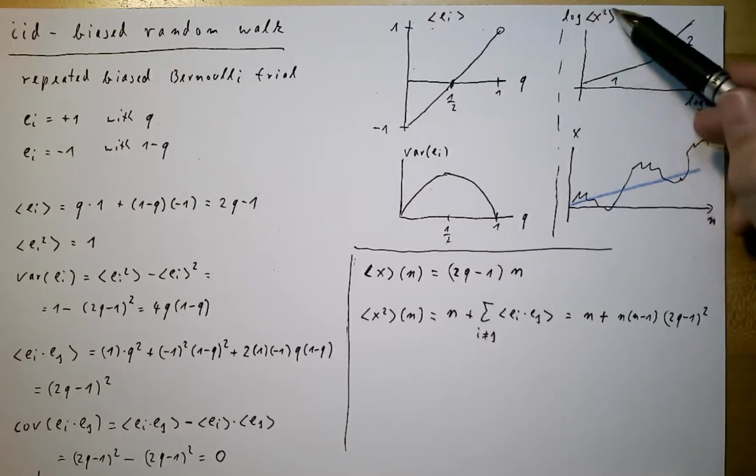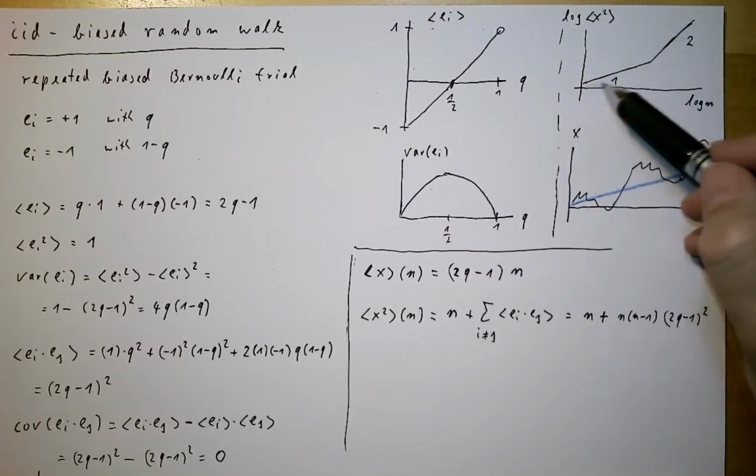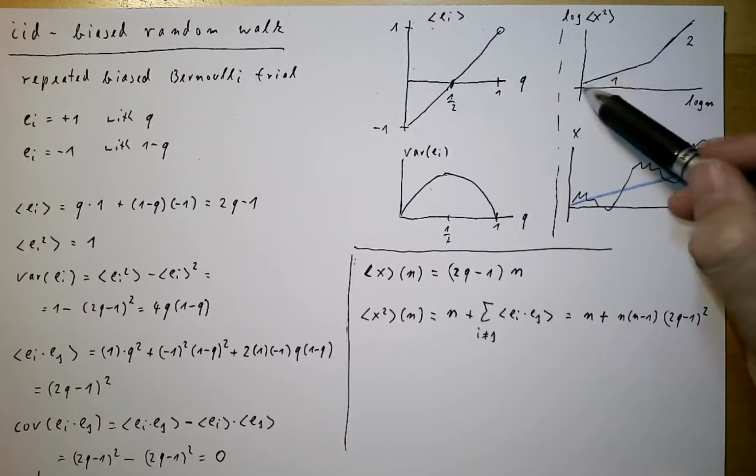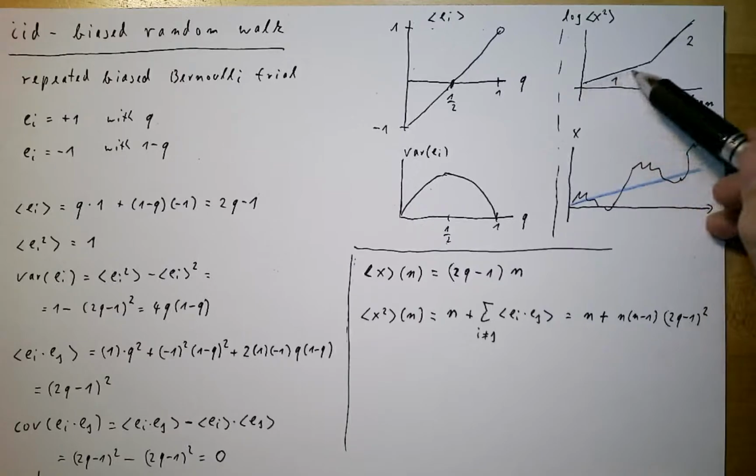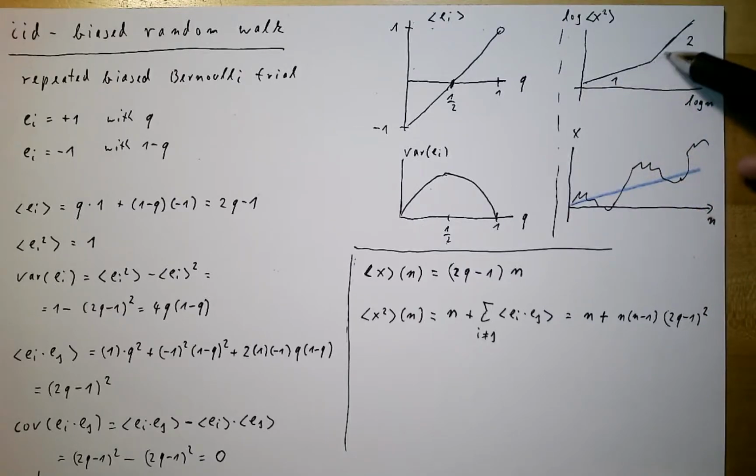Or if we had taken the square root, we would have started with slope 0.5. So we would have started with a random walk, with a diffusive behavior. But for longer times, if we take the square root, we have a displacement which goes proportional to time. So we don't have this increase with slope 2, but only an increase with slope 1.